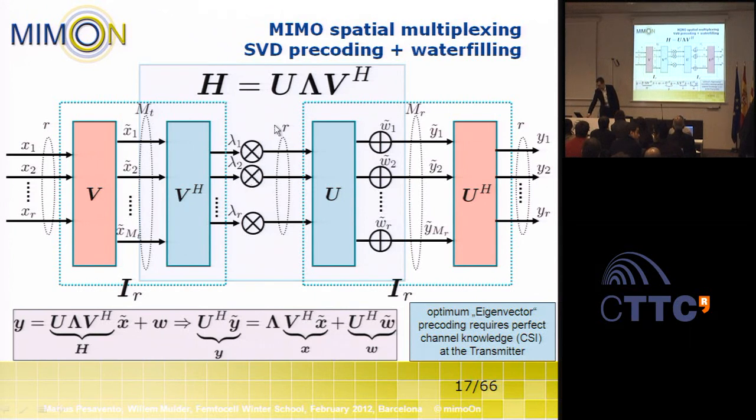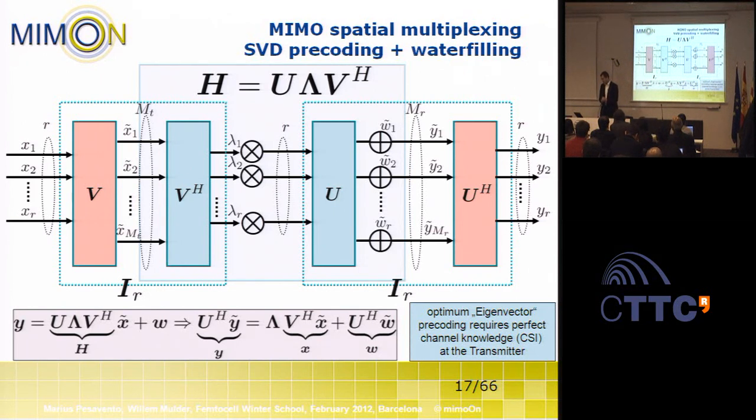This converts the channel into a set of parallel channels as illustrated here. And this scheme achieves the maximum throughput that is possible on a MIMO channel if we also allocate the power according to the well-known water filling principle. So we should allocate most of the power to the strongest subchannel and less power to the weaker subchannels.